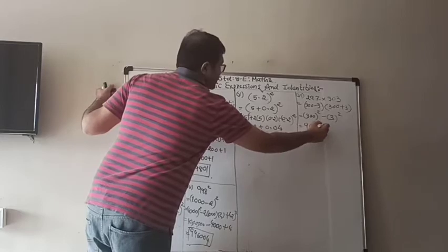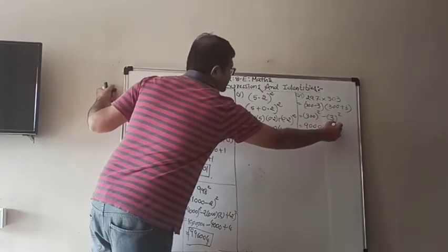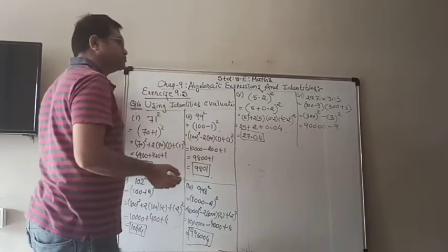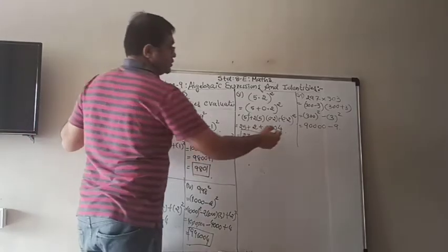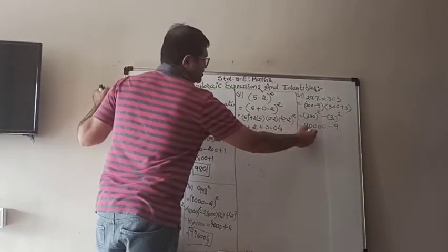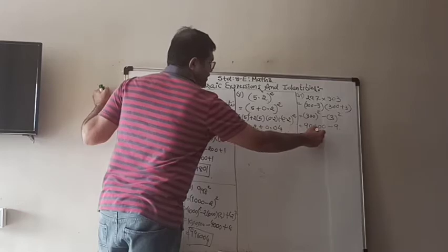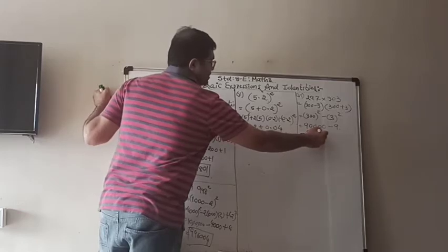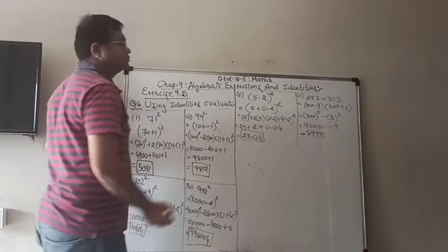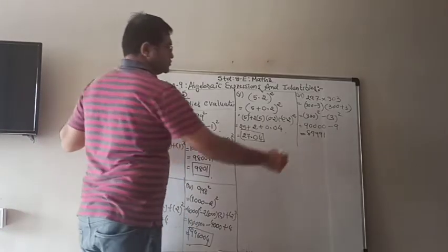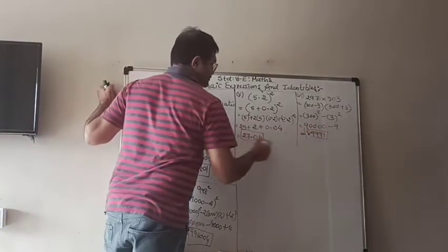So 90,000 minus 9 means 89,991. That will be your answer.